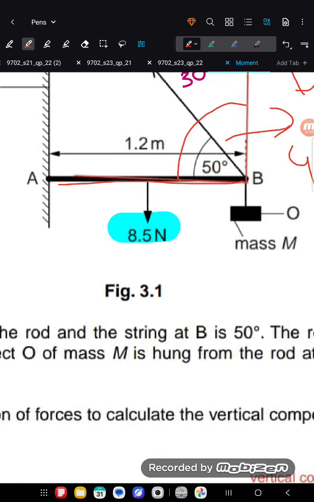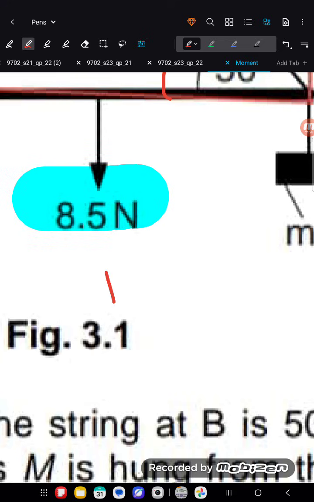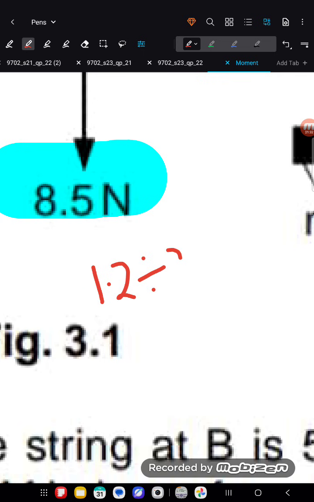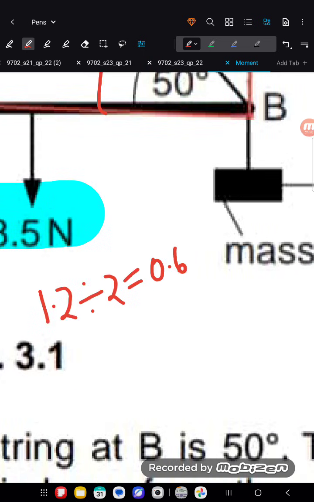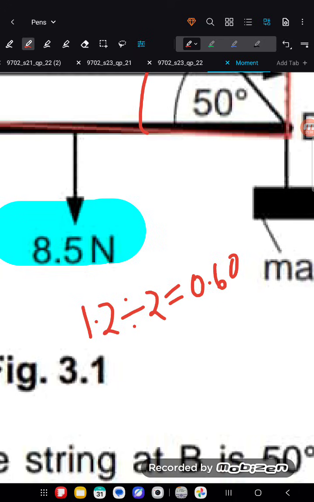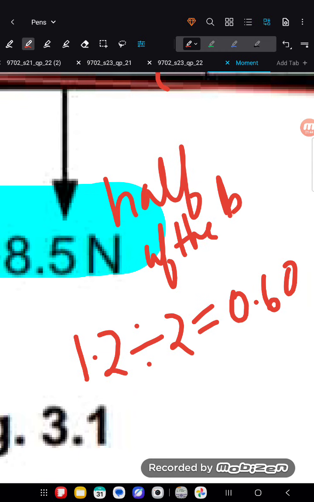Actually this distance is half of 1.2, so 1.2 divided by 2 will be 0.60. This acts at the half of the beam.